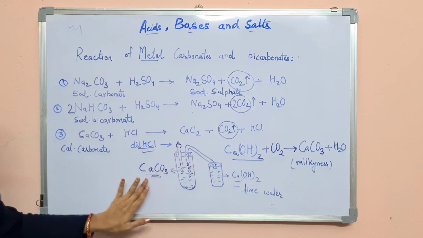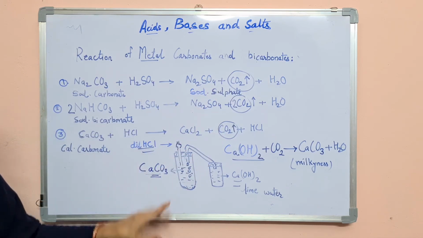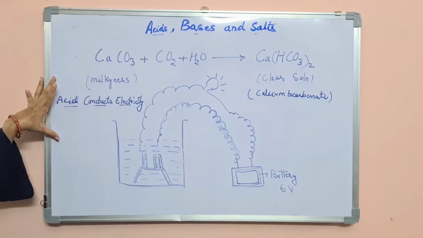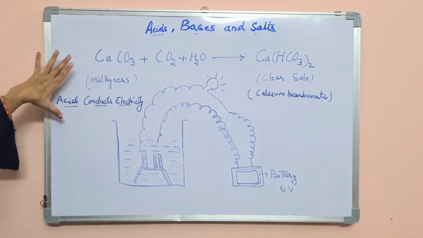So this is the test to check whether the gas coming out is CO2 or not. This is all about the reaction of acid with metal carbonates and bicarbonates. I told you that when CO2 gas is passed through lime water, it turns milky, and the milkiness is calcium carbonate.